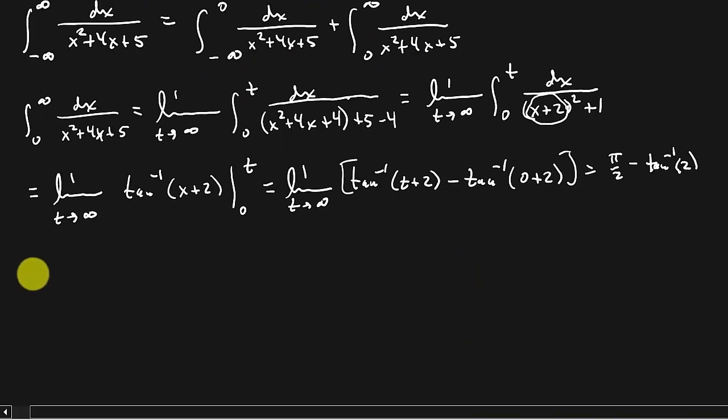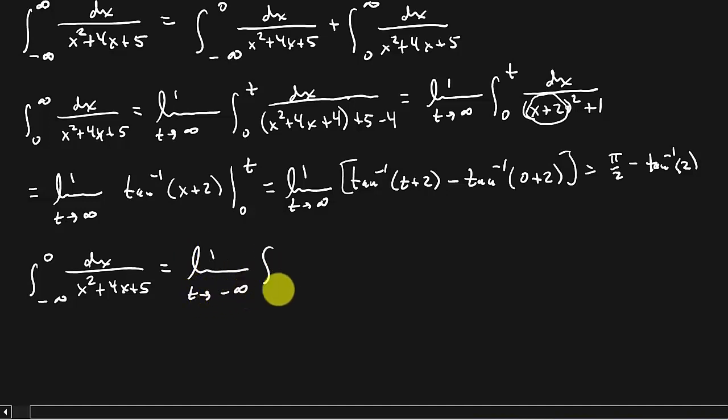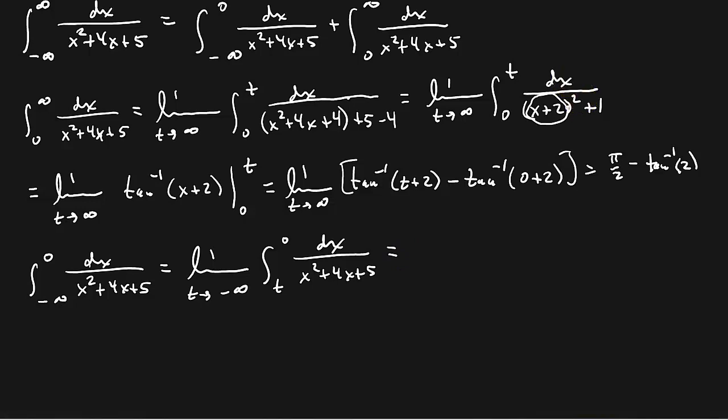So here we have the integral from negative infinity to 0 of dx over x squared plus 4x plus 5, which is equal to the limit as t goes to negative infinity of the integral from t to 0 of dx over x squared plus 4x plus 5. All right, now let's look at this. This is going to be the same thing as what we did up here.